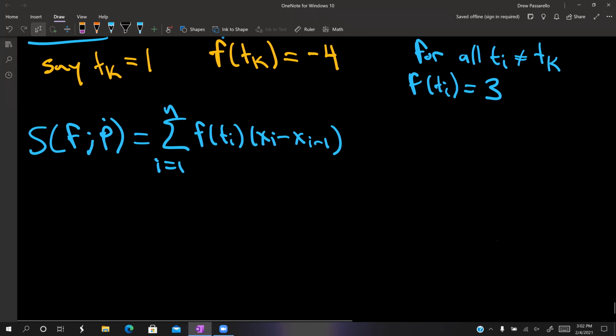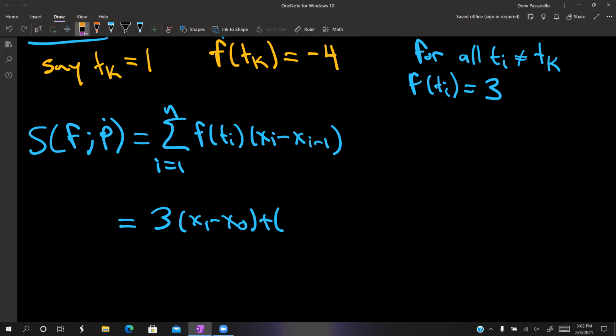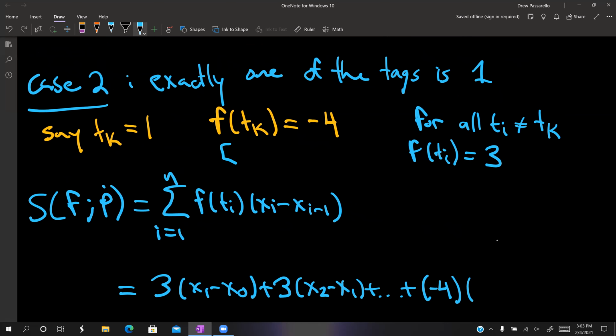So this is essentially equal to 3 times x1 minus x naught plus 3 times x2 minus x1 and so forth. It's only when we get to the kth subinterval, where tk is, that we have -4 times, and our tk tag comes from the interval xk minus 1 to xk.